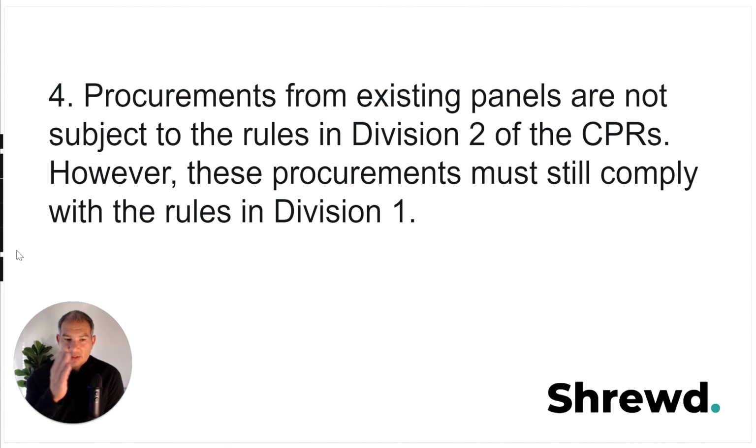But you need to balance how many quotes you get against the complexity of the services you're after, because you still need to be efficient and effective. You don't want to be going out to multiple panelists for what is a simple service, because it just creates an administrative overhead that really doesn't show much benefit, if that makes sense.